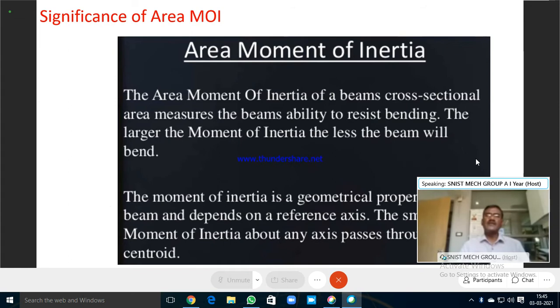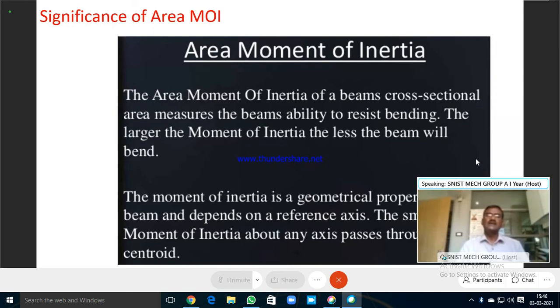The area moment of inertia of a beam's cross-sectional area measures the beam's ability to resist bending. The larger the moment of inertia, the less the beam will bend. That means indirectly here the statement gives you that you are going to measure the strength of the beam.